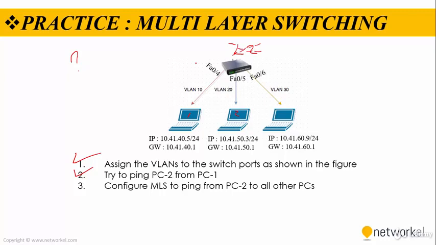So what I'm gonna do is configure the multi-layer switching capabilities on that switch, and retry to ping from PC2 to other PCs, and see what's going on. On the multi-layer switch, the first thing I should do is enable routing.